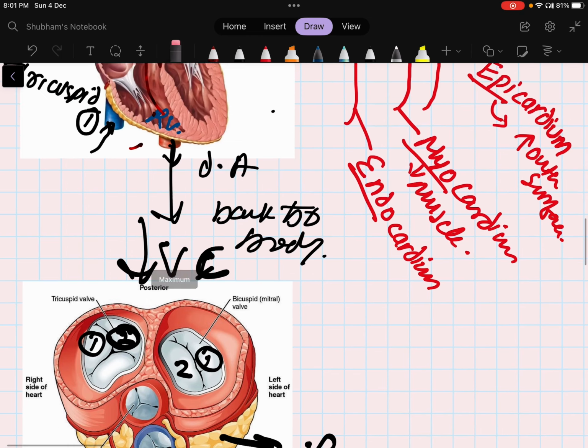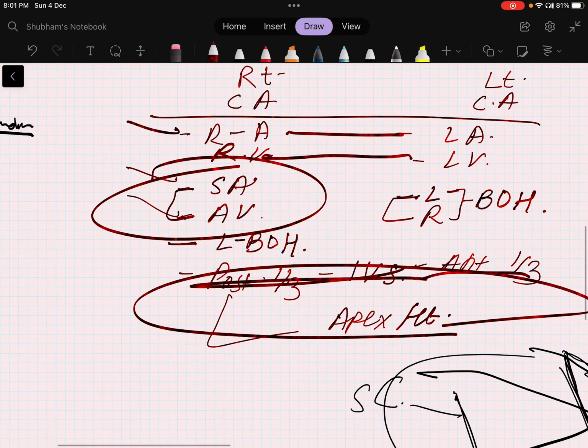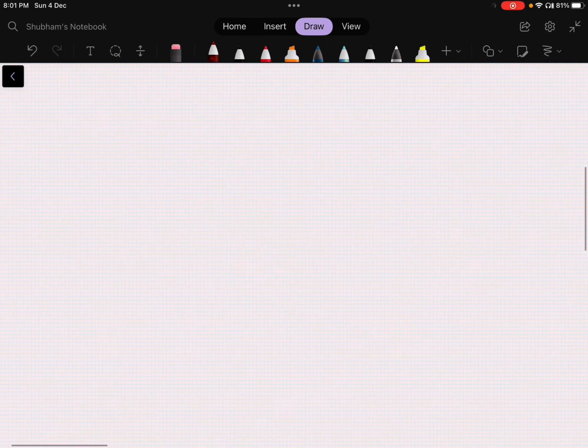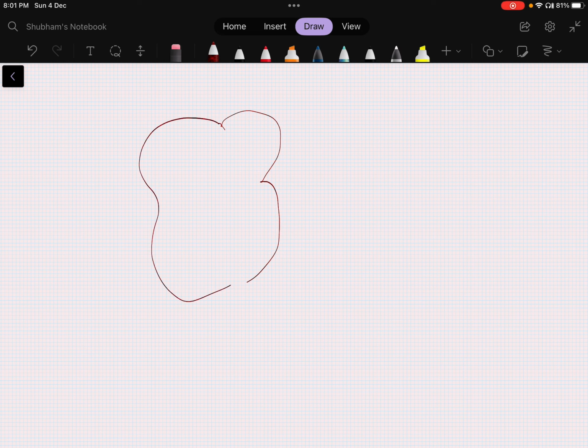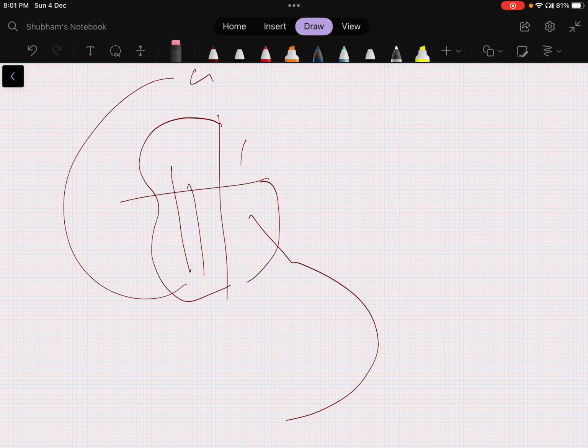So how we used to draw the diagrams, we have the habit of drawing our heart like this, with four chambers, and the blood comes from here, then goes to lungs and then is collected here. Not exactly how it works.